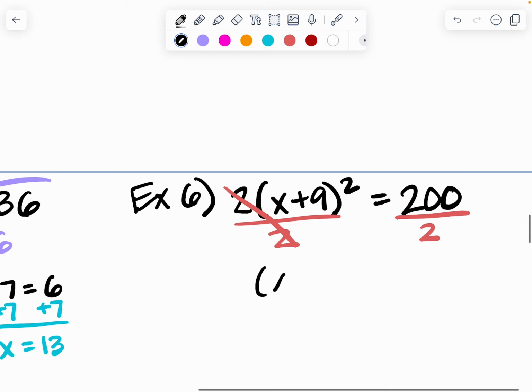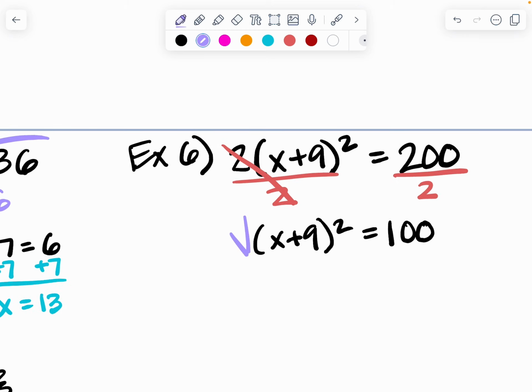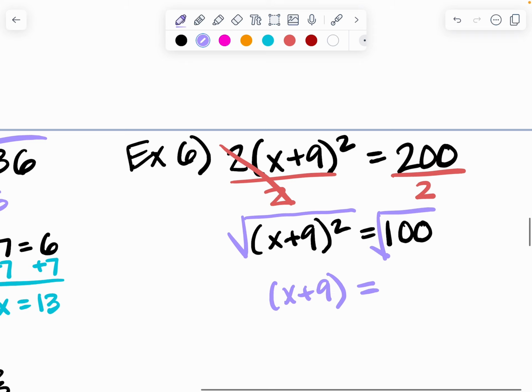Now I have x plus 9 squared equals 100. Now I can take the square root. The square root of x plus 9 squared is x plus 9. And the square root of 100 is positive and negative 10.